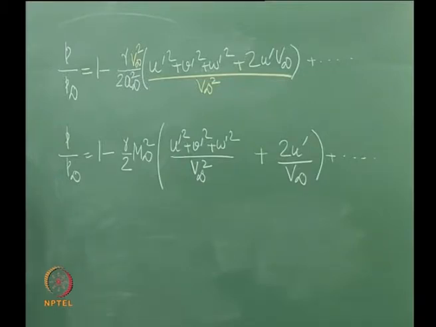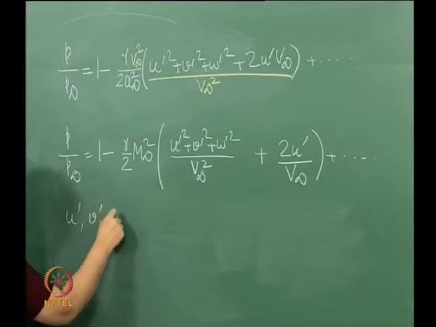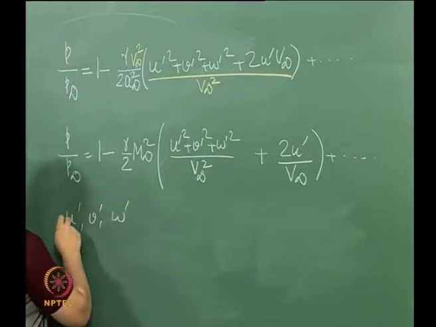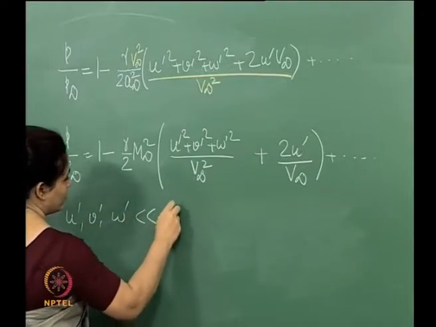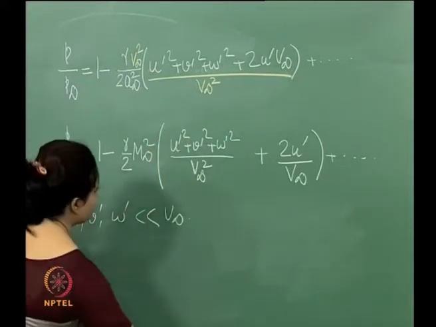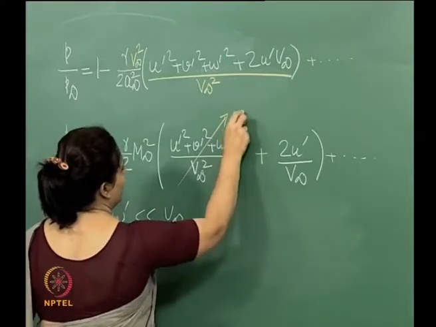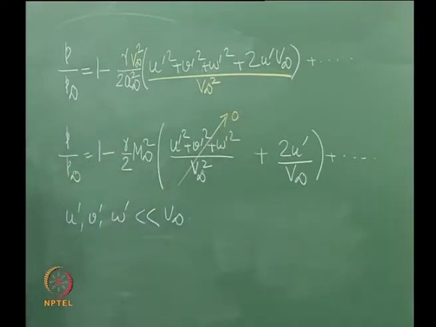Now at this point of time, let us introduce the small perturbation theory, right? So small perturbation theory, which means, right, so therefore the squares, etc. So if I use the small perturbation theory, I can basically say that we can ignore this term.